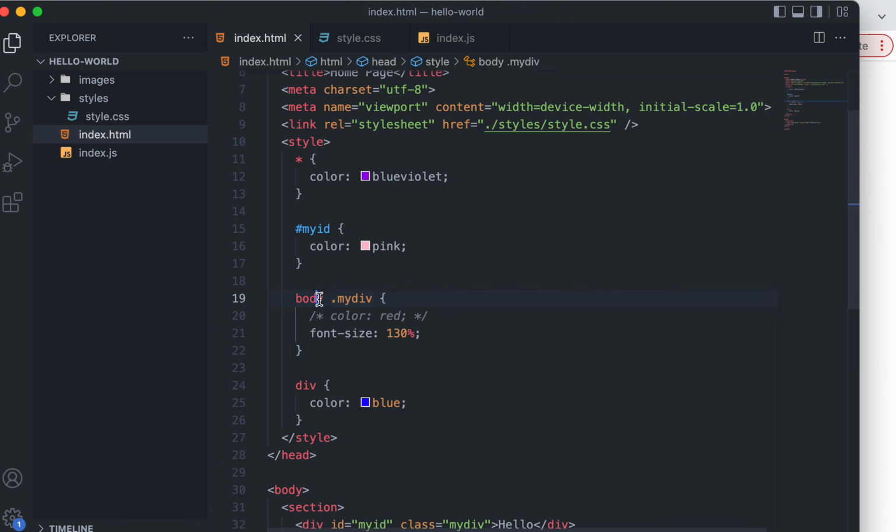If you write something like dot my class 2, then you see that it is 020. Why? Because each of the class selectors has 010, and here there are two selectors combined into one selector, so it is 010 plus 010, which is 020.